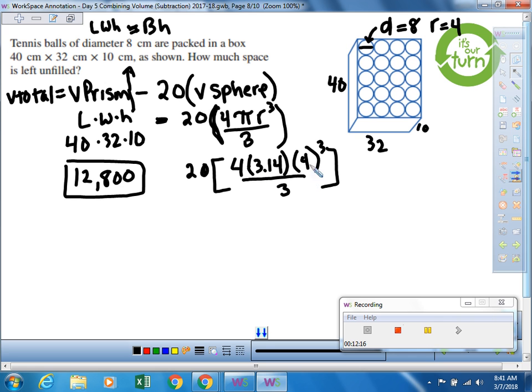Okay, what is one sphere? 4 times 3.14 times 4 cubed divided by 3. 267.94. I should hear more than Eden, because all of you have calculators. And then you times that by 20. So 4,019.2, is that what you have?